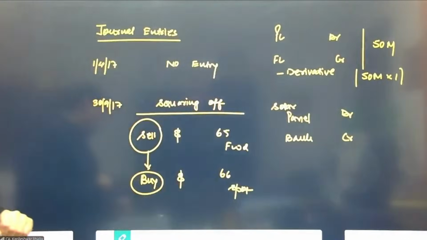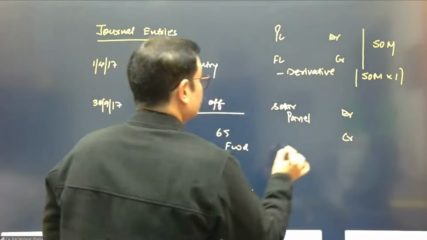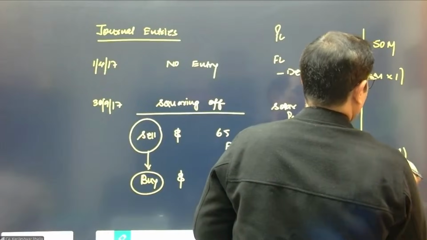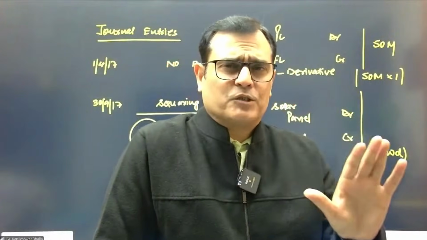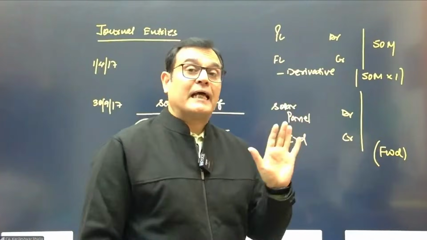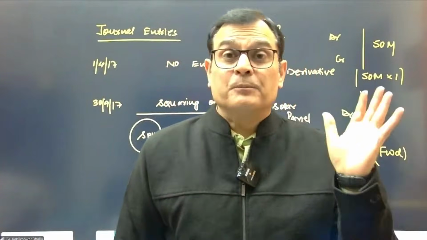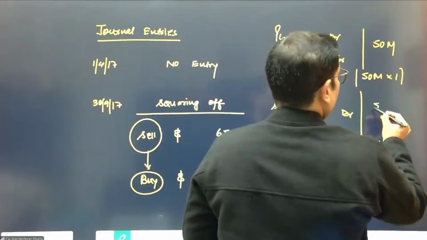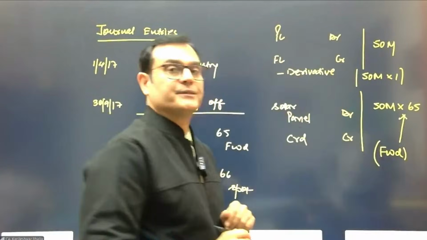And this entry is going to be done, rather, I would say not bank, let's take it as creditors because we need to make some adjustments. So this entry will be done at a forward rate itself, though we did not enter into any forward contract. I'll give you the logic very shortly, in 2 minutes' time. So we will enter this particular transaction at the forward rate, though I have not entered into any forward contract. But the purchase of the panels will be recorded at the forward rate. So this is 50 million into 65, which is supposed to be the forward rate.